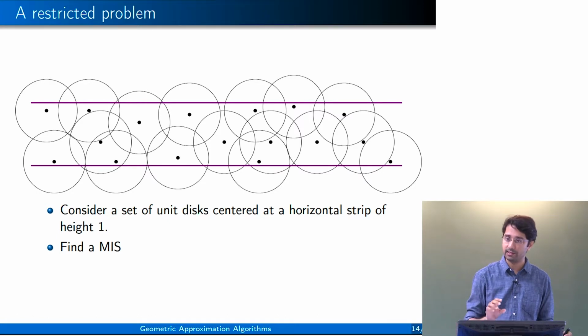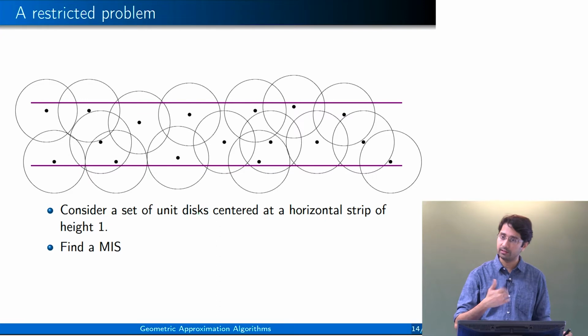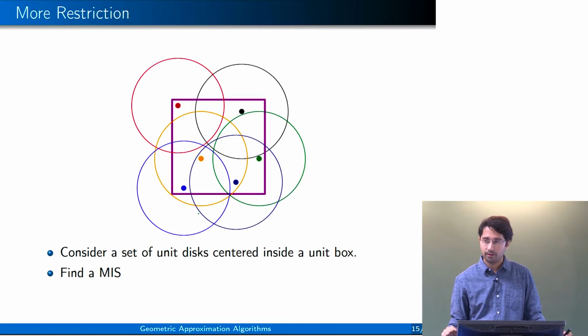The centers lie within a strip of height 1. Previously it was anywhere in the plane, but now I have a restricted input where all the disks lie within a strip of height 1. Can we solve this problem? Still not sure. Again, simplify.